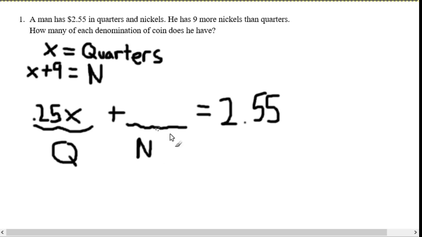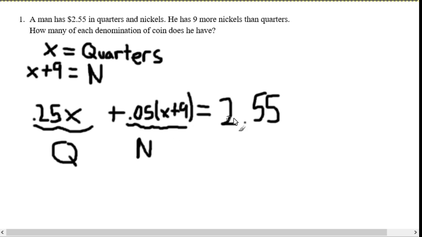Same thing with nickels, except instead of multiplying by 0.25, I multiply by how much a nickel is worth, which is 0.05, times my number of nickels, which is x plus 9. Once again, being very careful to put that in parentheses.